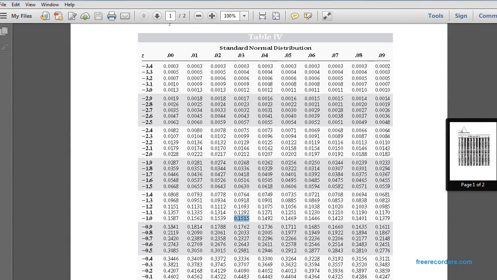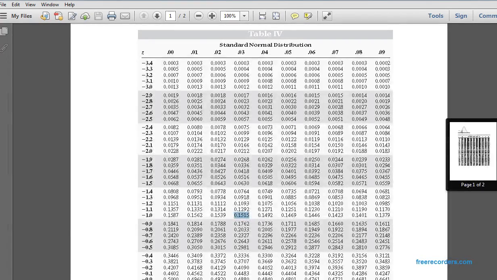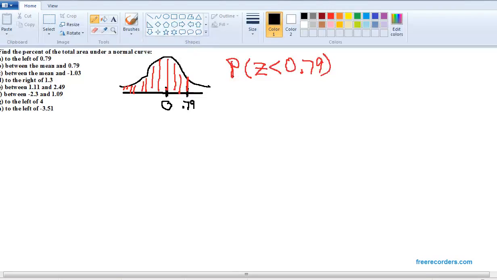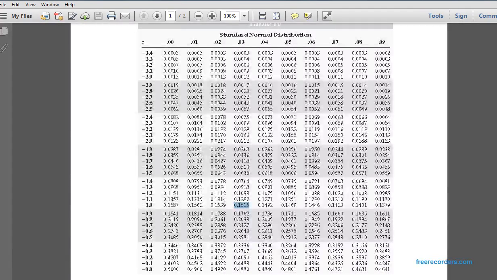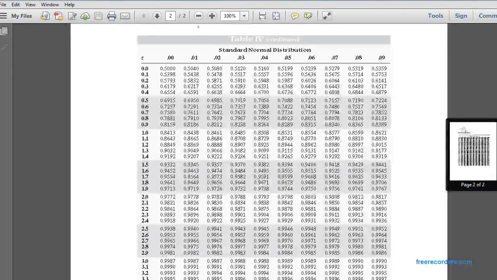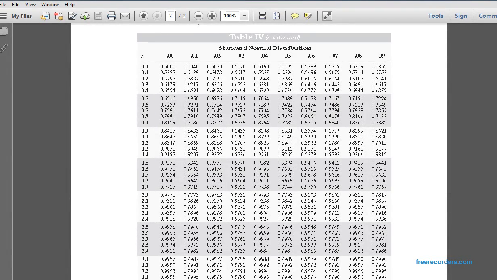Now, if you look at the table, you'll see the left column is the z column, and all those values are negative. In this problem, our z, you'll recall, was 0.79, which is a positive number, so we get our positive z's from the second page of the table. If you look down the z column, the leftmost column, it looks like it skips over 0.79 because it goes from 0.7 to 0.8.